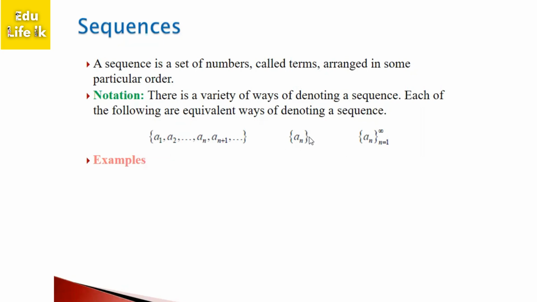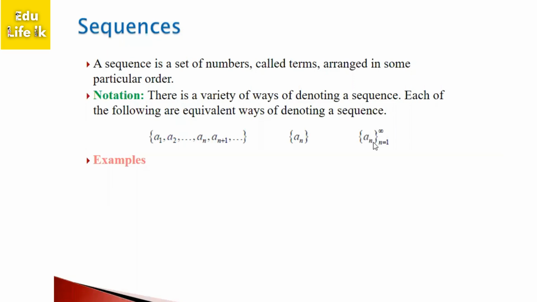In the third notation, the upper limit and lower limit mean the sequence starts with n equal to 1 and ends with n equal to infinity. When n goes from 1 to infinity, what are the terms of the sequence?